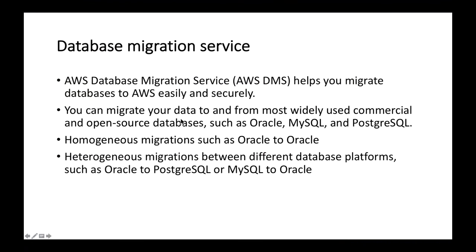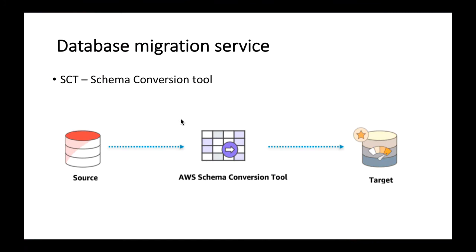As I said, Database Migration Service contains two parts. One is the Schema Conversion Tool. When you're moving your data from one database to another, you're converting schemas. Schemas contain your databases, tables, all kinds of objects, stored procedures, views, triggers, etc. Everything you want to convert from one source to another. So if you want to convert from Microsoft SQL Server to MySQL, the first step is converting all the schema.